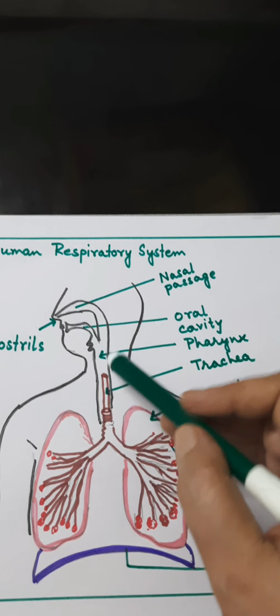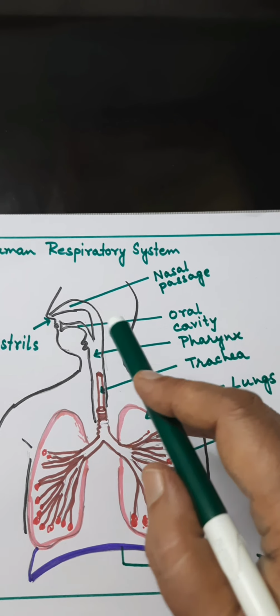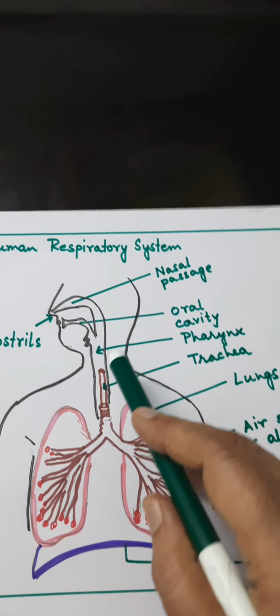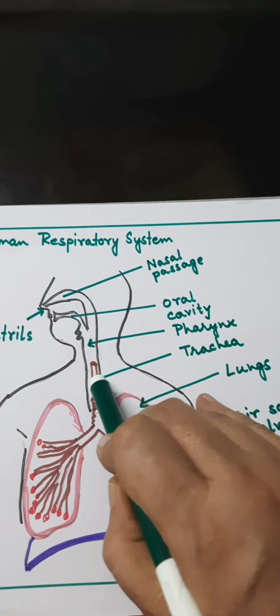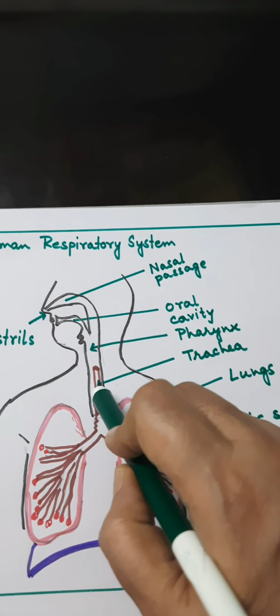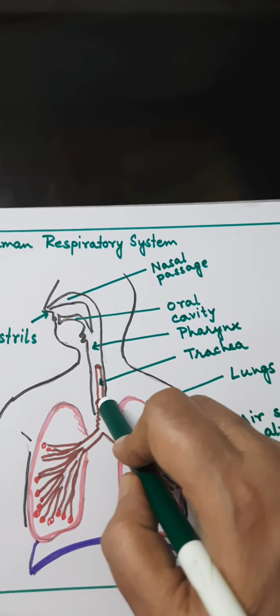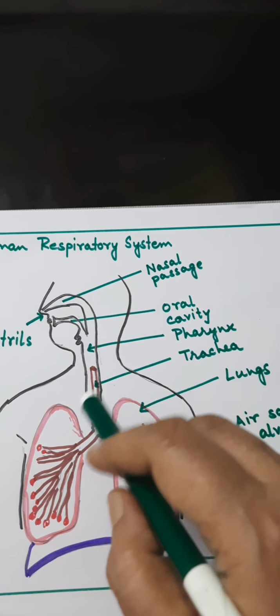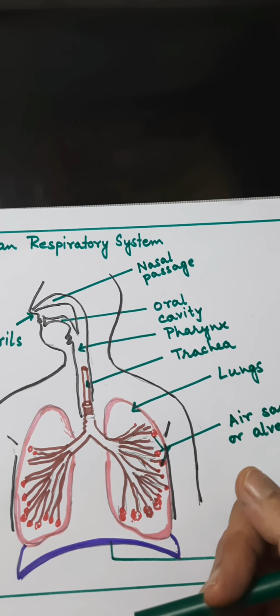But at times, if by chance food particles enter the windpipe, we feel choked, because this is the air windpipe. If food enters over here, we feel choked, right? Because the passage of air gets blocked, right? So, how is food prevented from entering the windpipe?